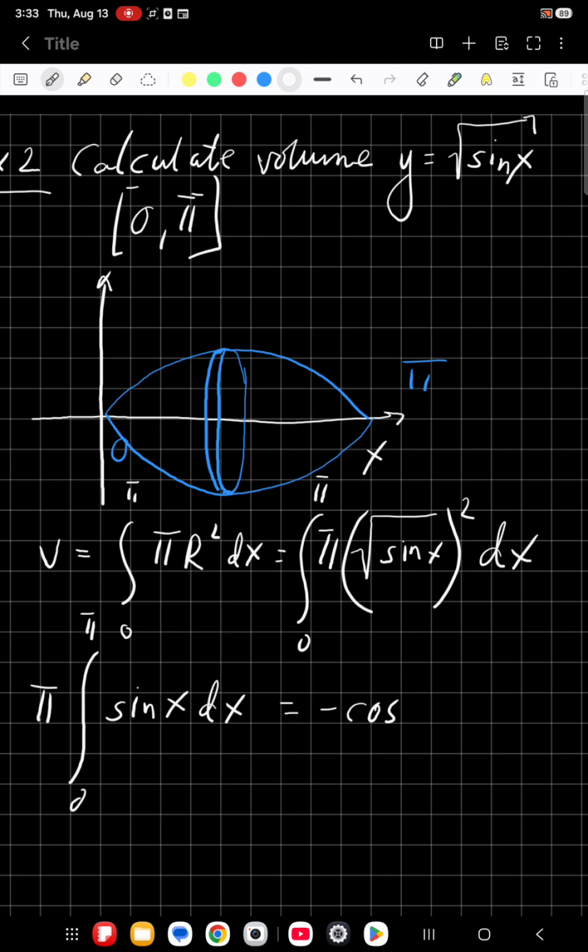So we have negative cosine x, and we're supposed to integrate it from 0 to pi. I'm missing the pi in the front. Okay, so cosine of 0 is 1, cosine of pi is negative 1, and the final answer is 2 pi.